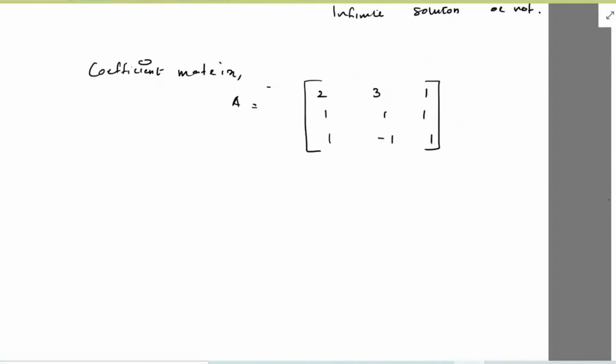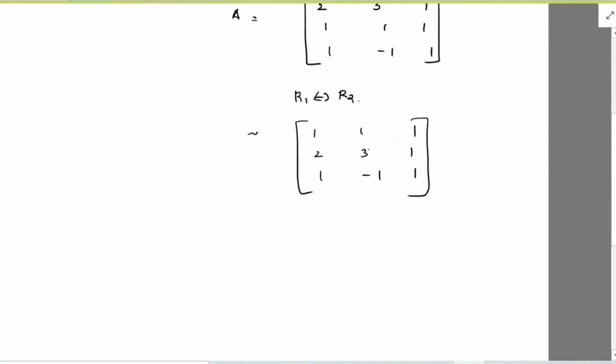We can interchange R1 and R2, because if it is possible to make the first leading coefficient 1, that will be easier. So we are interchanging R1 and R2. So this becomes 1, 1, 1, 2, 3, 1, 1, minus 1, 1.